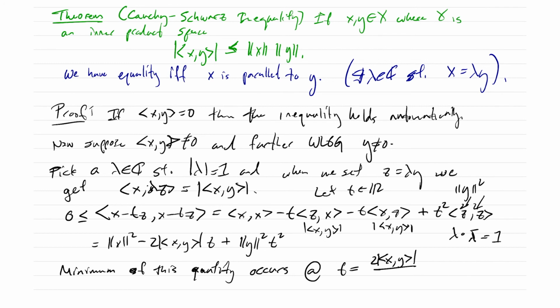So it's negative 2 times the absolute value of the inner product of x with y, over 2 times the absolute value of y squared. And so these cancel, and this ends up being the minimum point of this parabola that we get in t.